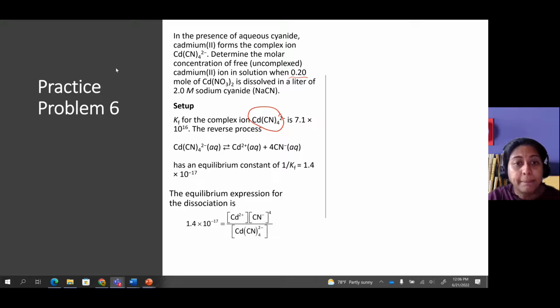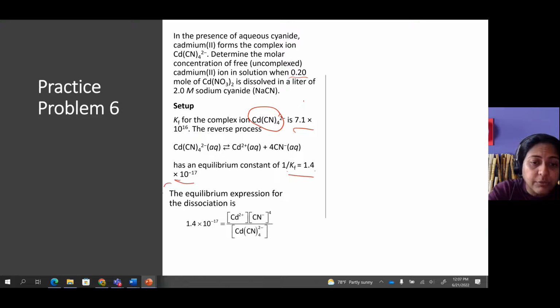But we now need to find the free cadmium 2 plus ions in the solution. Therefore, we should consider the dissociation of this complex, so we need the reciprocal of the formation constant. The reciprocal of the formation constant is 1.4 times 10 to the negative 17.